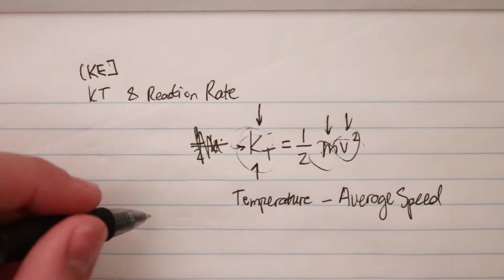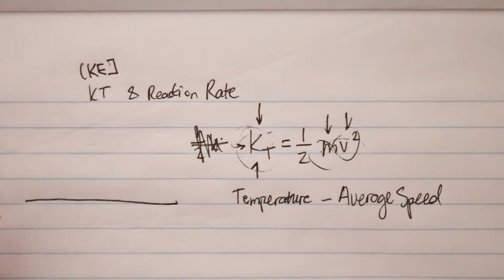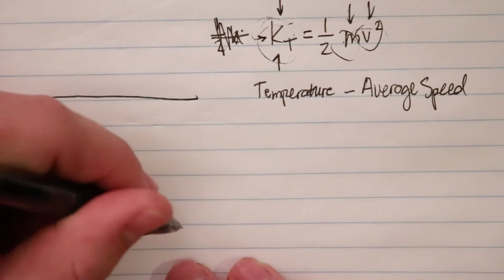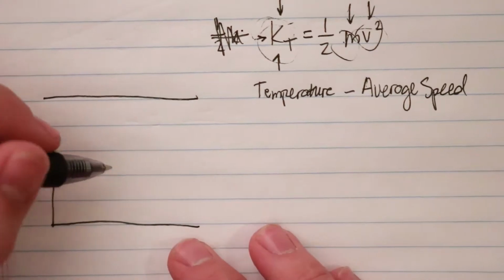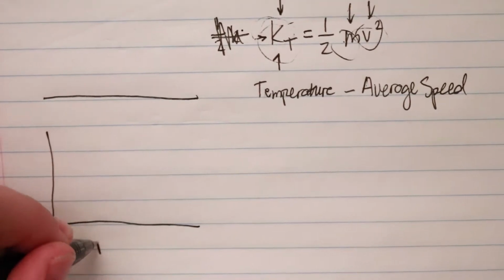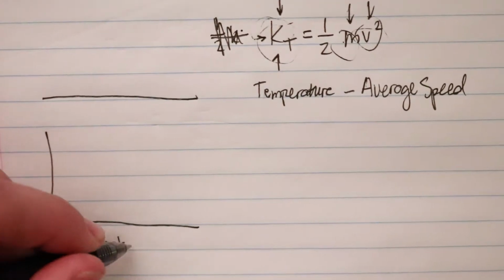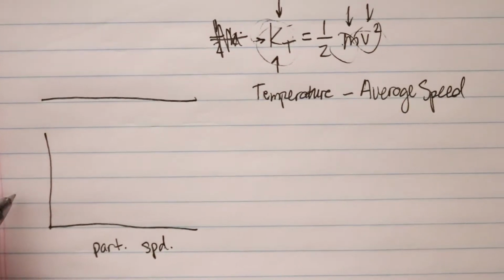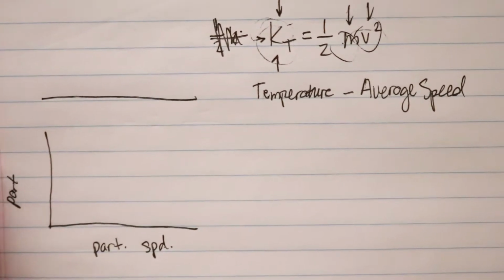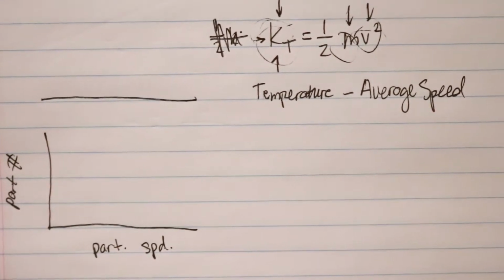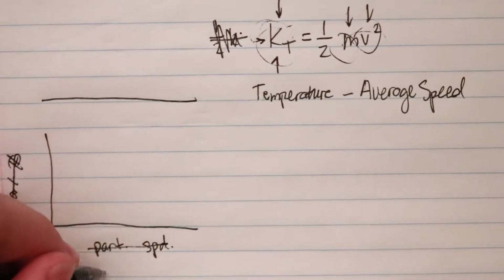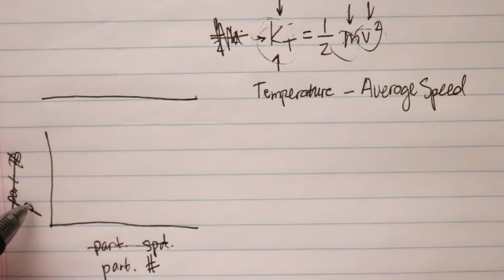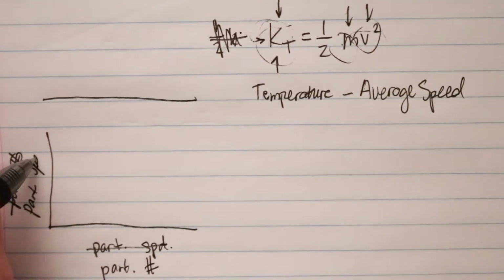So first we're going to vary the speed of it, so vary the temperature. I'm going to draw a curve. Here we're going to have particle number, and here we're going to have particle speed.